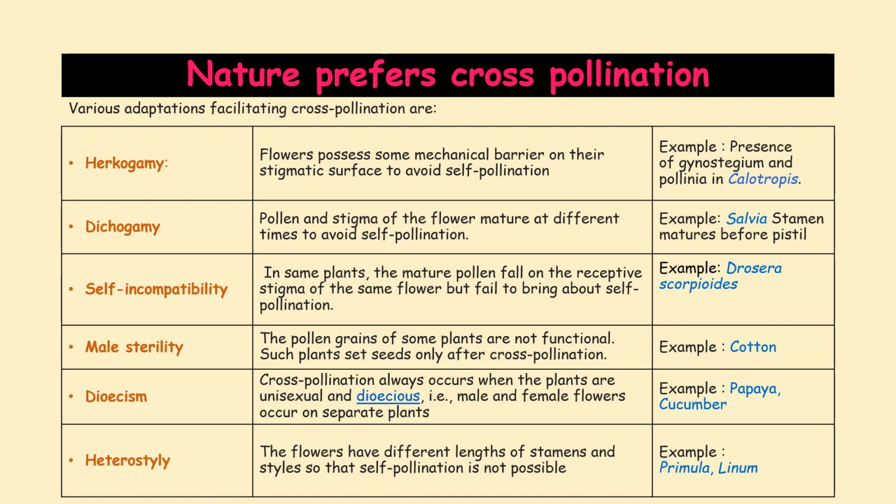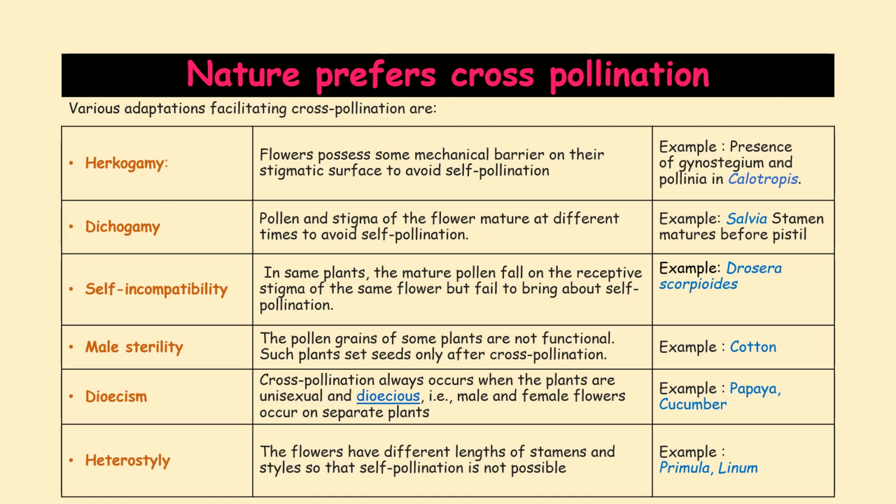Then we have plants which are unisexual and dioecious. So cross-pollination happens always in those plants which are unisexual and which are dioecious. So which means that the male and the female flowers are on separate plants.